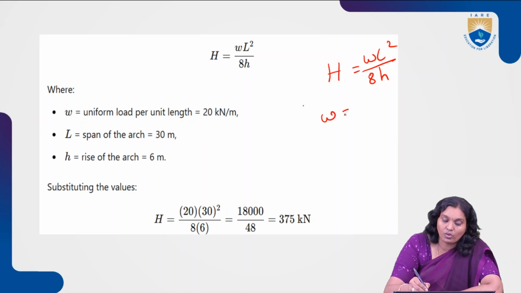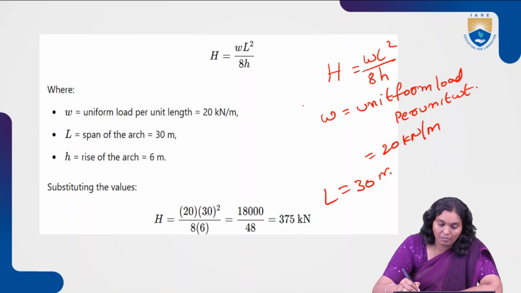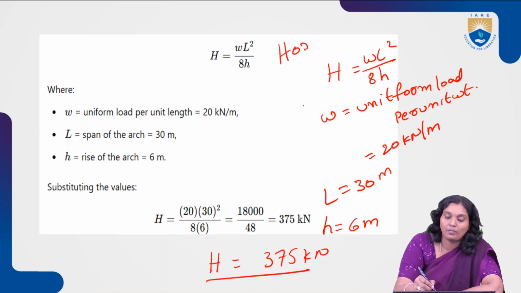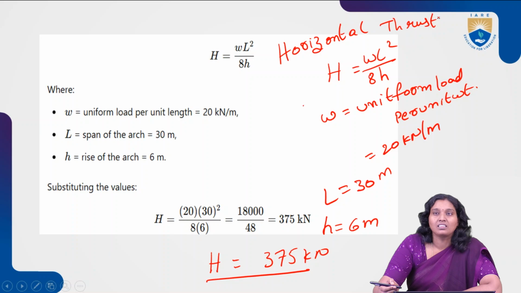Here W is the uniform load per unit length, equal to 20 kilonewton per meter. L is the overall span of the arch, equal to 30 meters. h is the rise, 6 meters. Substituting those values gives the horizontal thrust H.